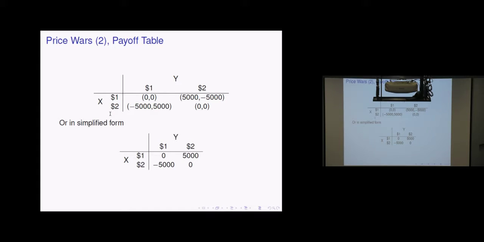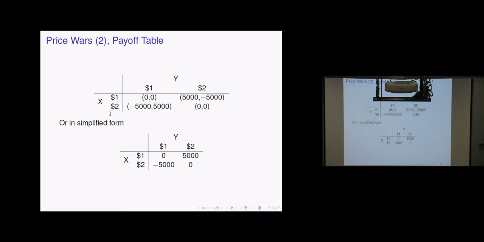Now here's how X reasons. Suppose I choose $1. What is the worst payoff I can get? If I choose $1, the worst one I can get is 0. Now if I choose $2, the worst one I get is minus 5,000.